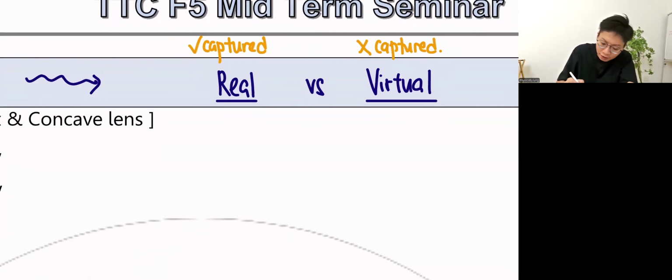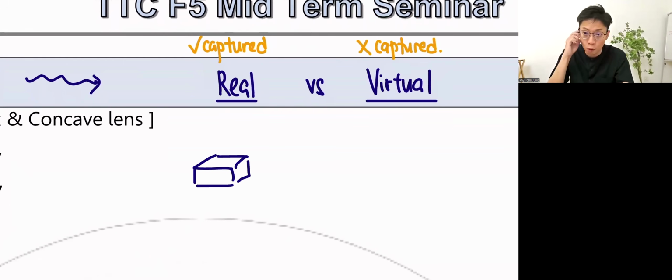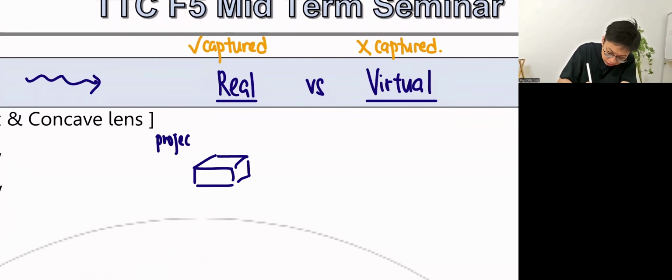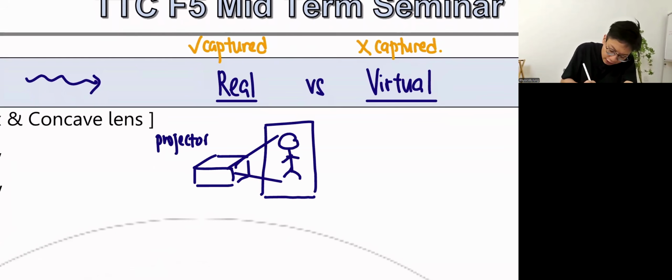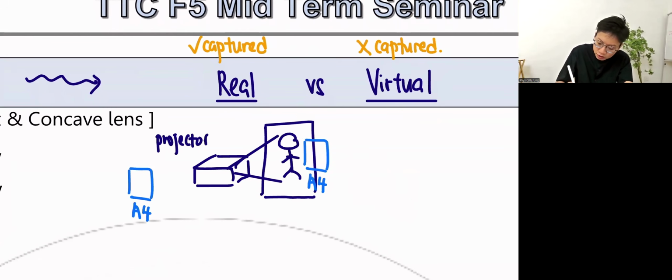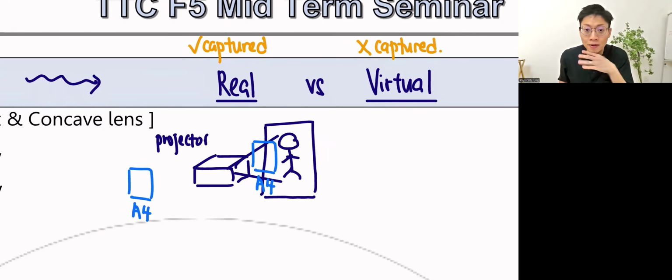So how do we solve this? Let me test you first. If I have a projector, I project the image all the way to a screen. Now if I take an A4 paper and I move my A4 paper here, will the image from the screen go to the A4 paper, yes or no?